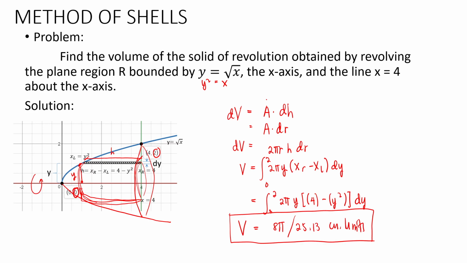So if you're going to compare this later, you have to notice that in the method of shell, we're not dealing with any radical expressions. Then if you go back to the method of disk earlier, we encountered a radical expression in the equation, which is y equals square root of x.